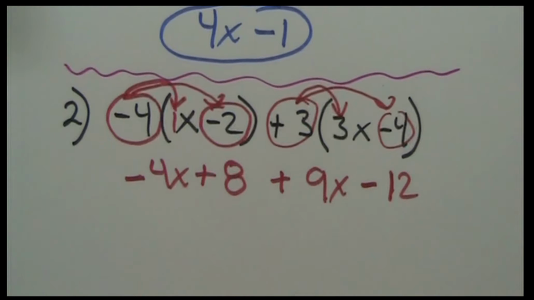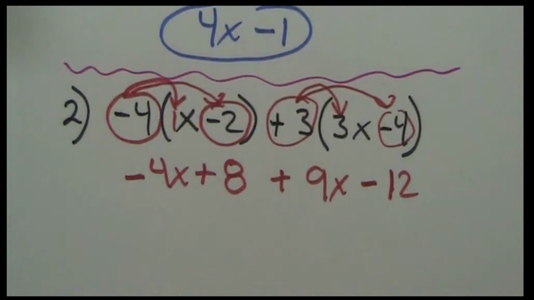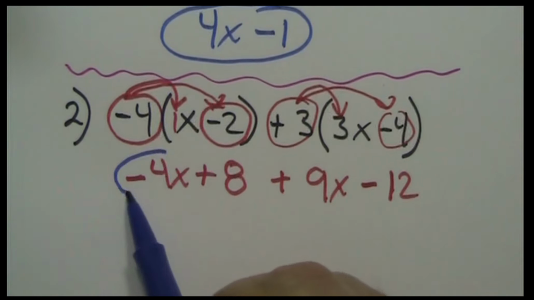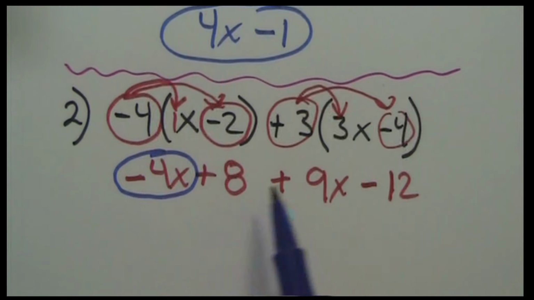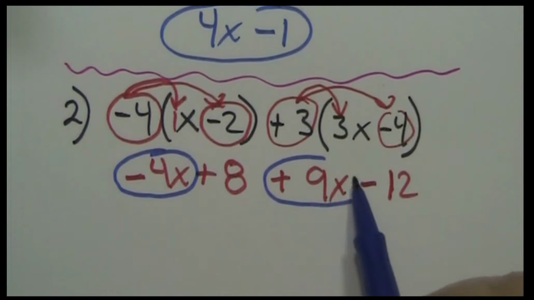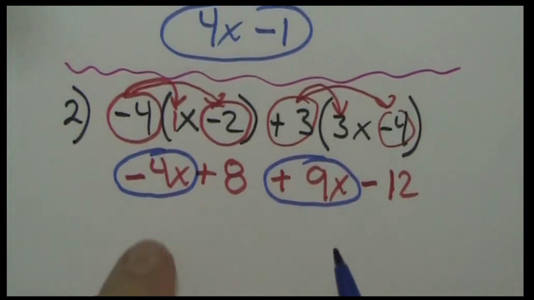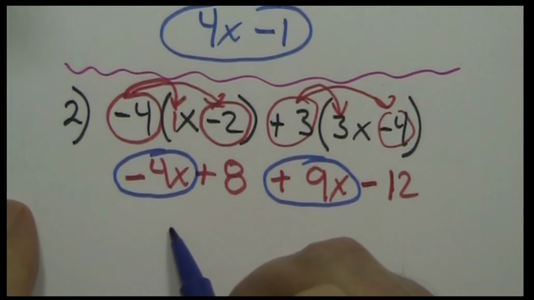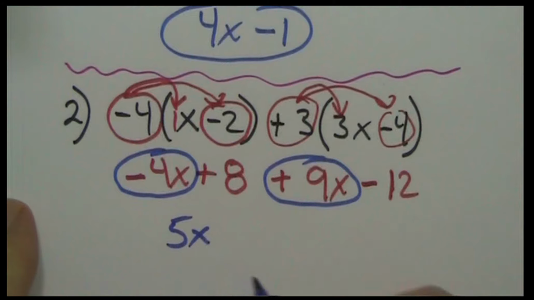All right, now we're going to combine like terms. So we'll just use the rules for like putting flavors on your tongue. So we have -4x, +9x. So there's more positive than negative. How much more? 5 more. 9 take away 4 is 5. And there's more positive.